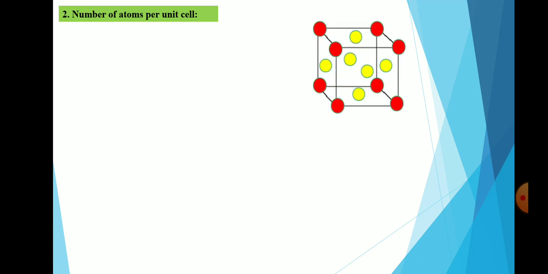The next, we have to calculate the number of atoms per unit cell. So it is a simple framework of FCC structure or lattice. So 8 corner atoms, on each face one atom is present.